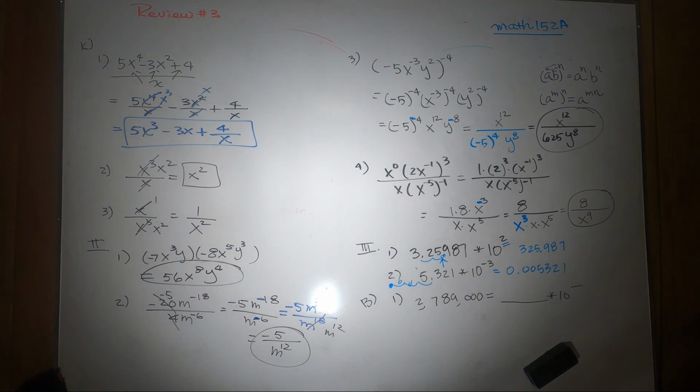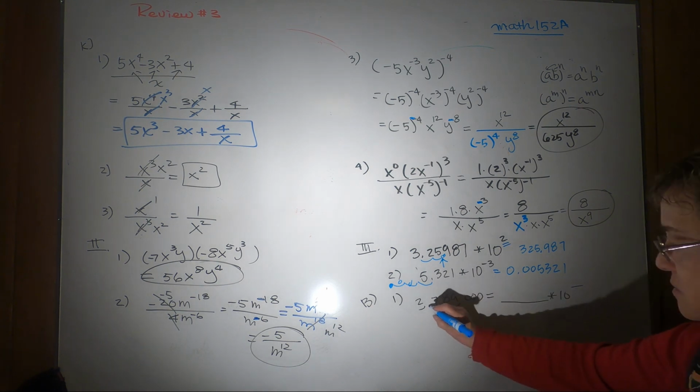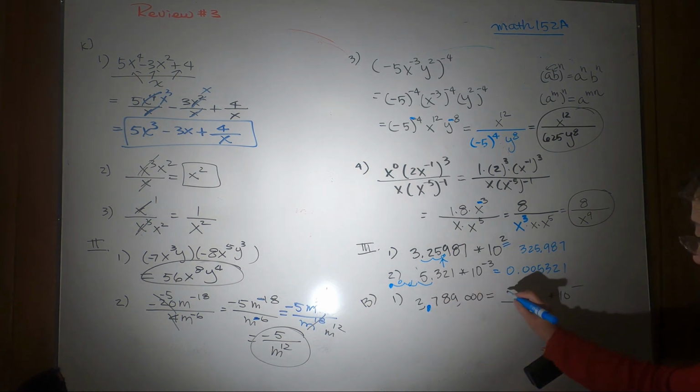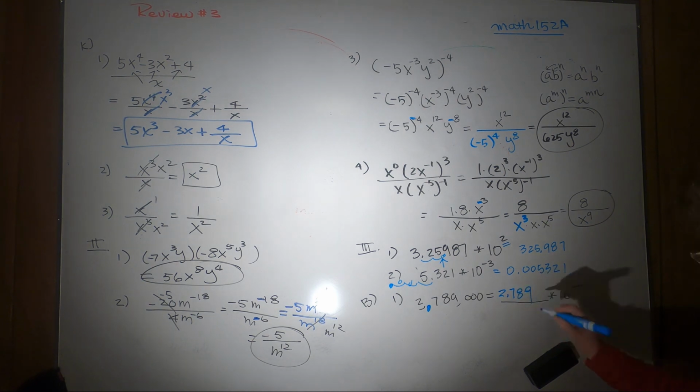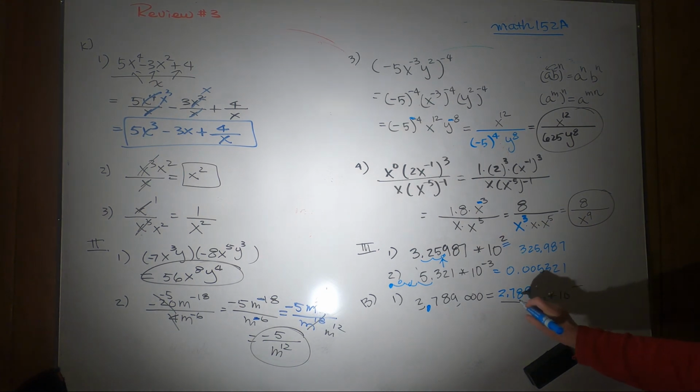So first you have to decide where is your decimal position. So it has to be what? Some kind of number before the decimal point. So just here, right? So you should have 2.789, right? And 000. If zeros after decimal point, you can just drop it.